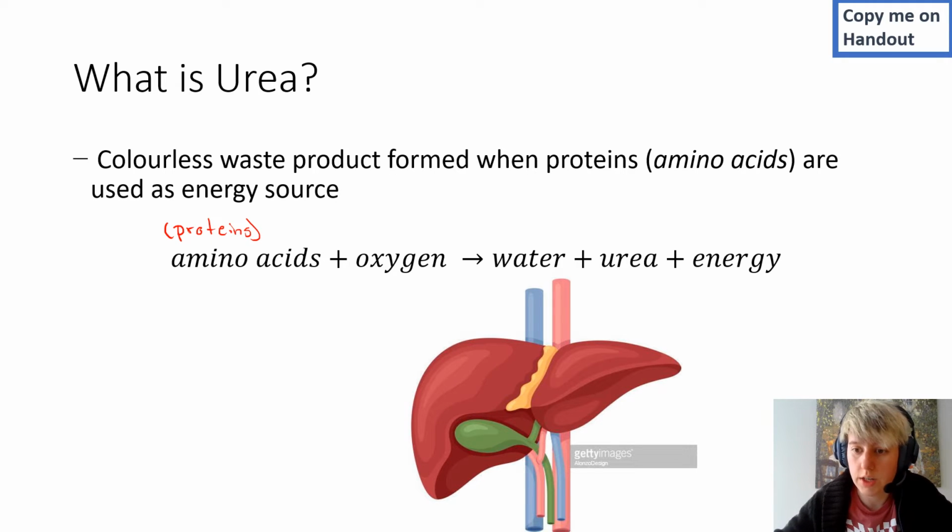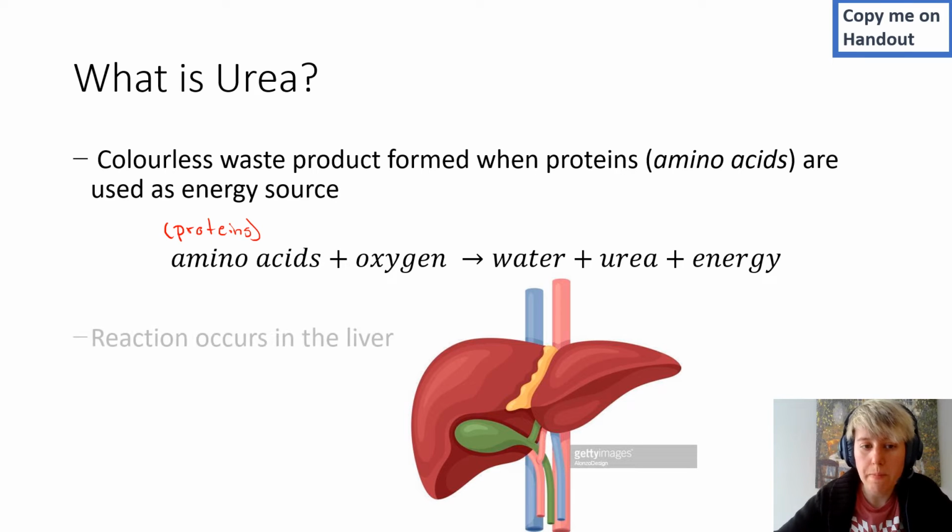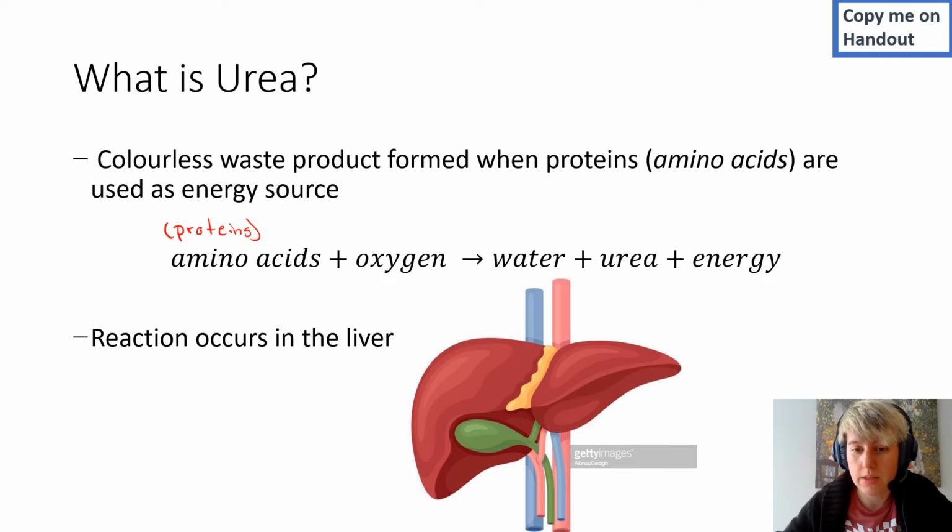So it's an oxidation reaction. An oxidation reaction is any reaction that involves oxygen, and it produces water, urea, and energy. So urea is not a toxic chemical, but it is a waste product that does need to be released from the body. And this reaction of producing urea actually happens in the liver.